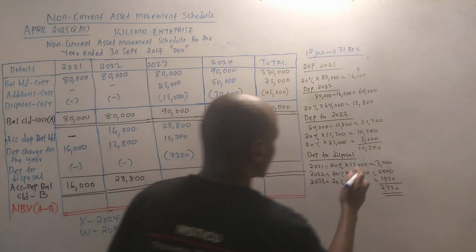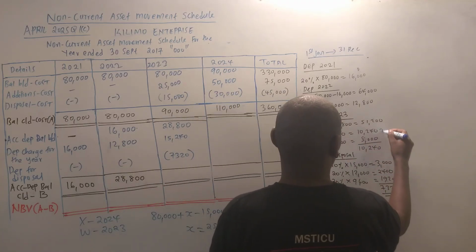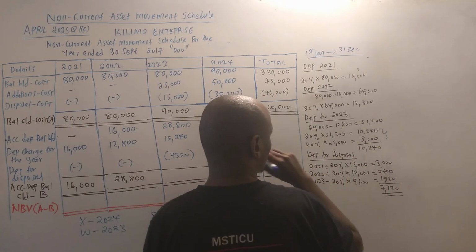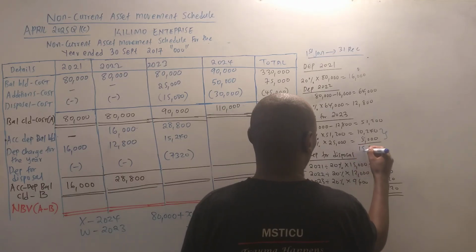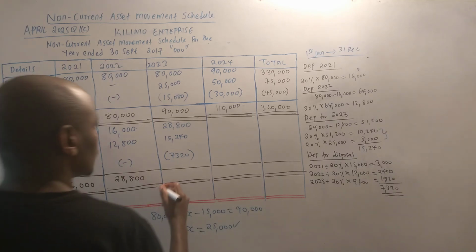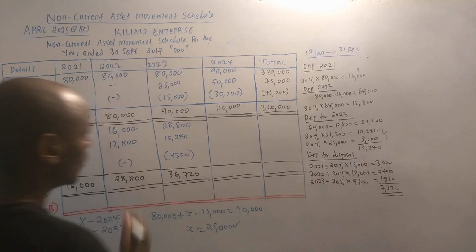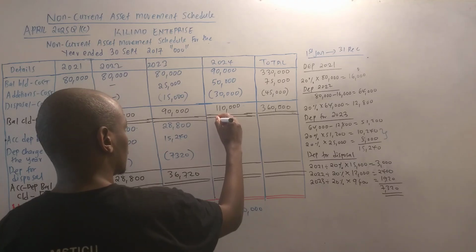So it's supposed to be 15,240. So 36,720. Then this will be the balance at the beginning.